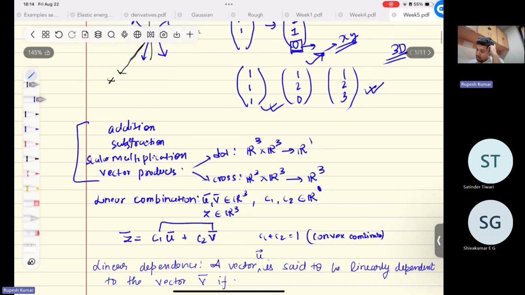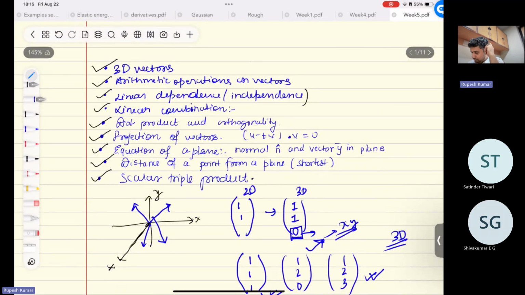So this is the idea of linear combination and linear independence.